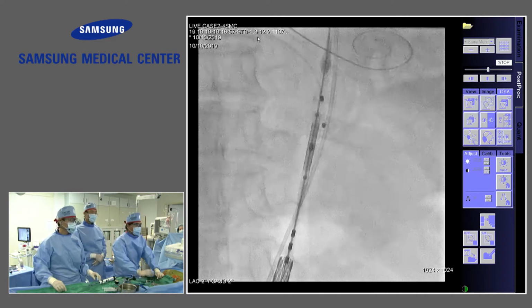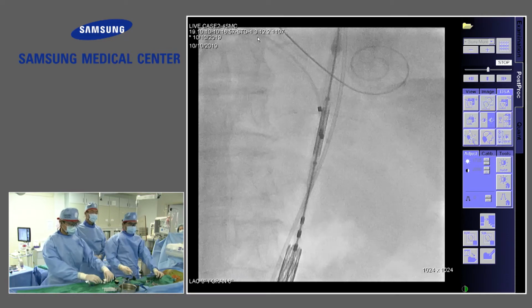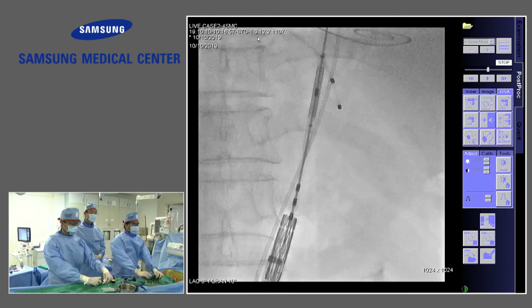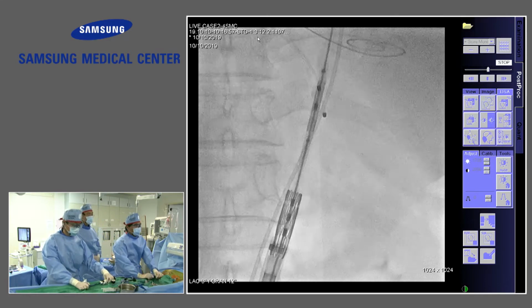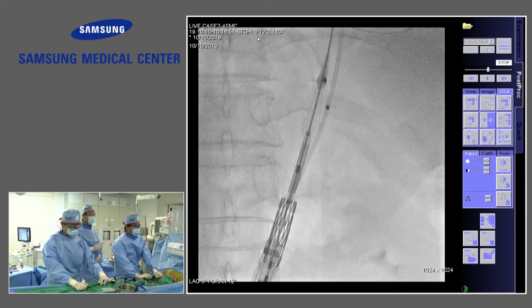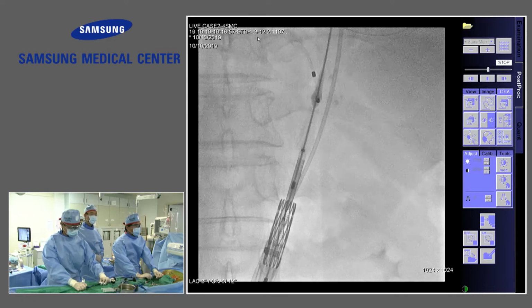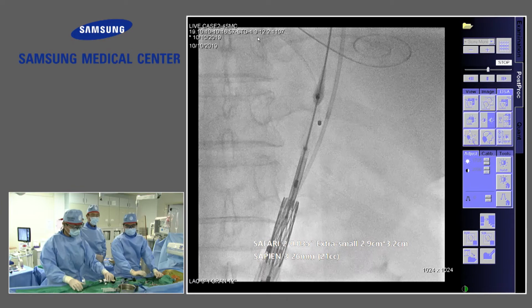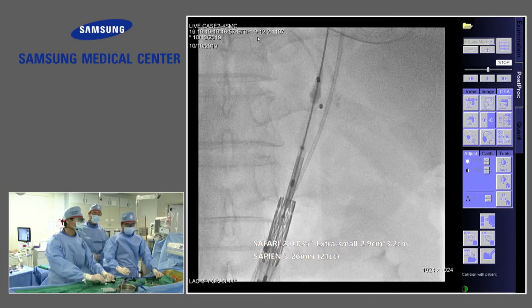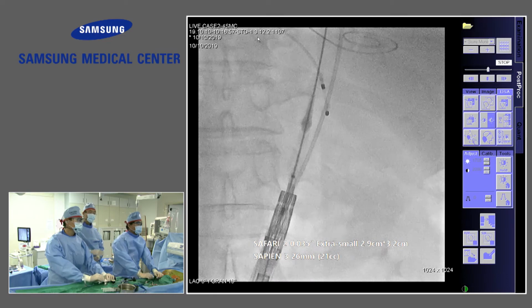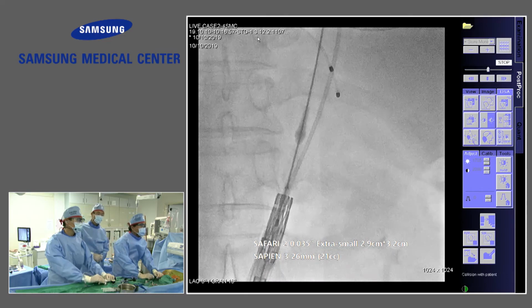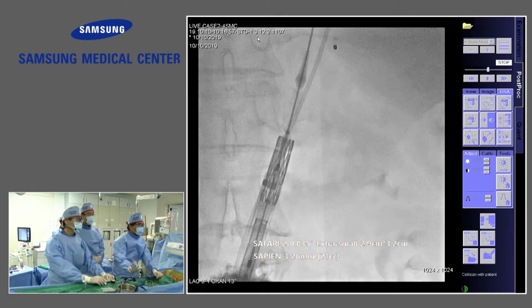I think you're absolutely right. If you have a doubt, you can always do it in the future. But anyway, the point is that I'd like to share the FFR change after the TAVI procedure. Actually, I have never done that before, so I'd like to see that.